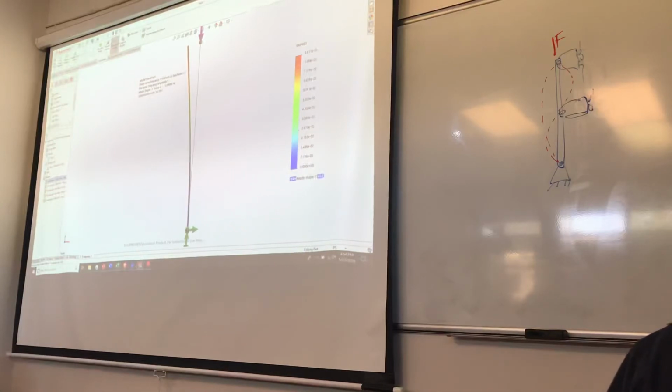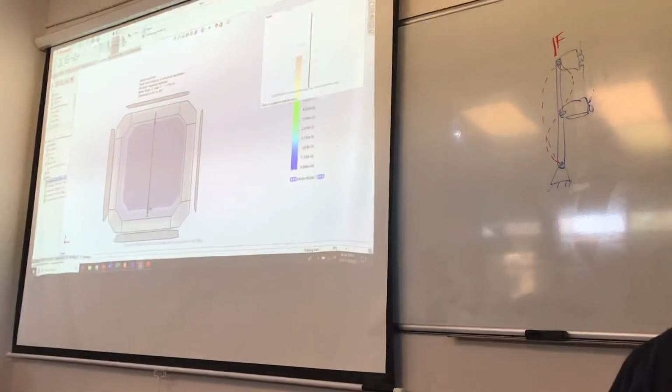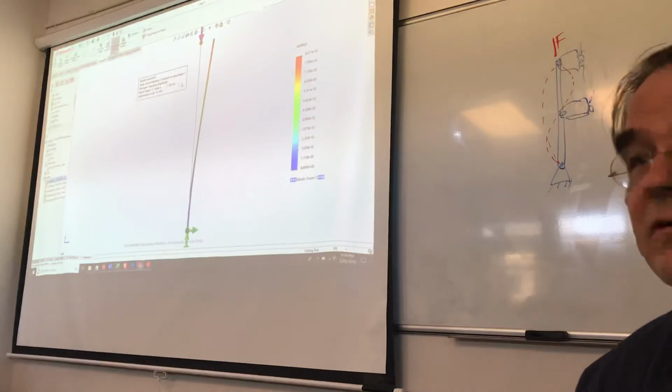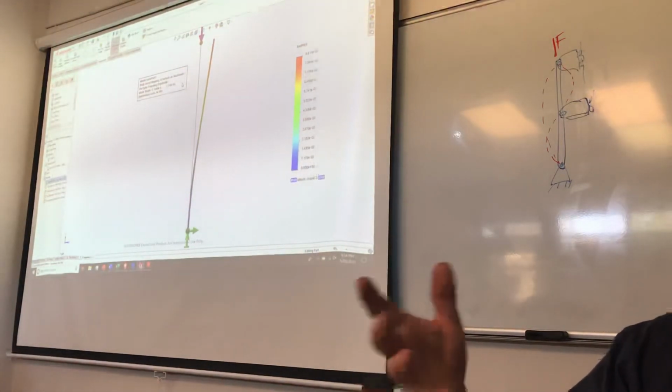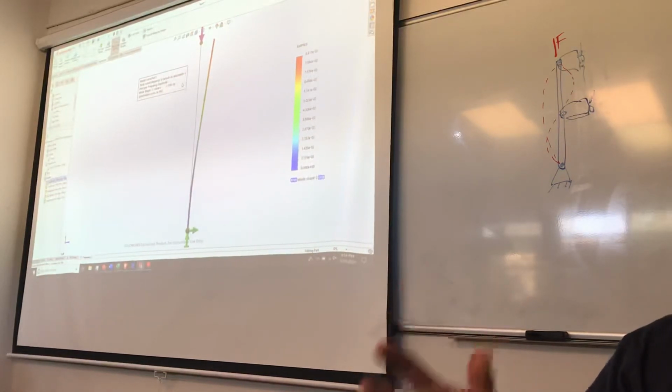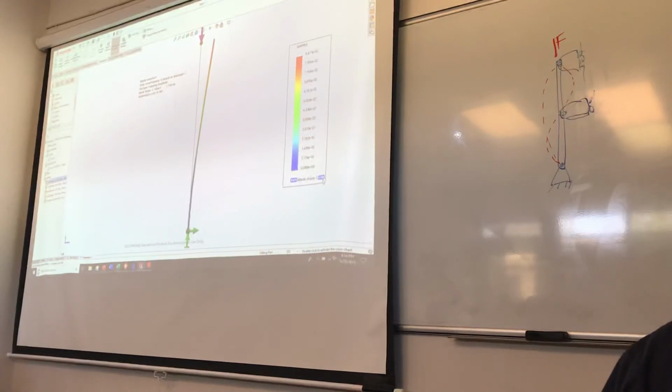If we look at the next one up, it's going to be in the other plane. So you wind up going back and forth between the planes. Here's the other one, and it's at 1.7 hertz, sort of close to where we were with that round tubing, because the round tubing, the first one was about 1.7 hertz.